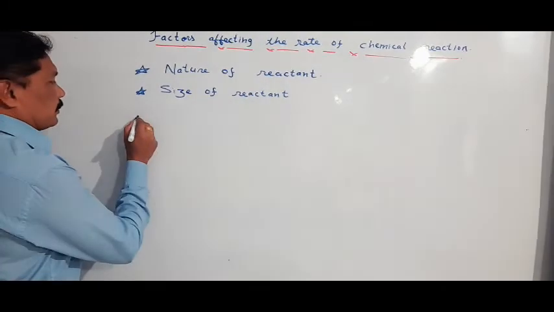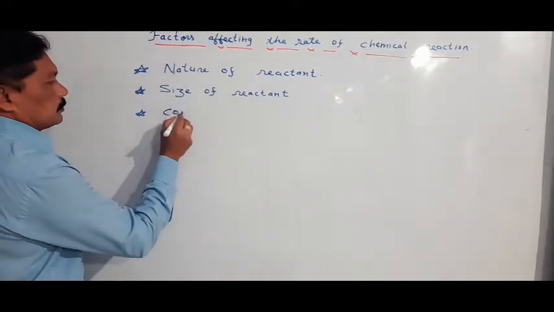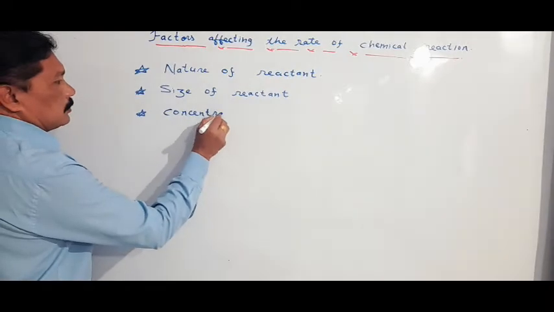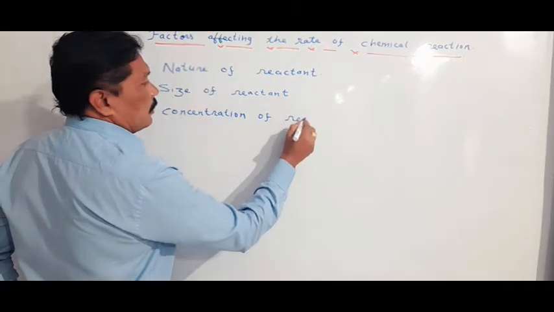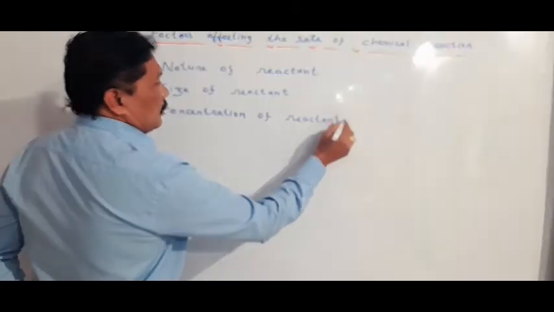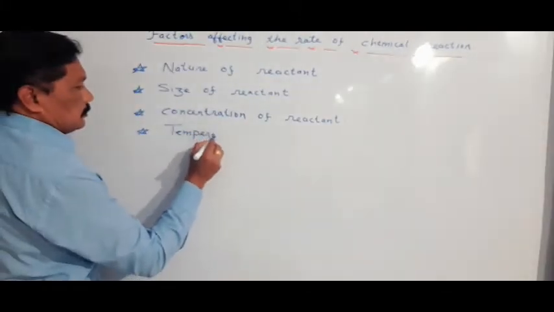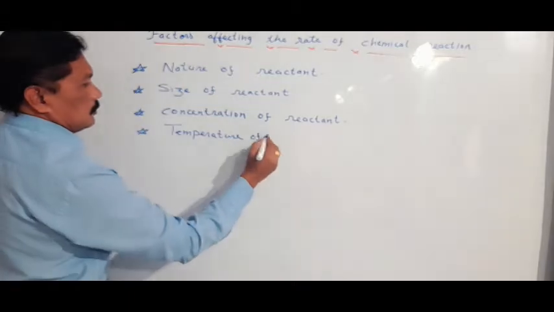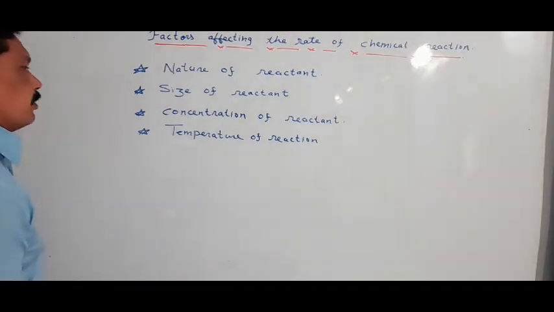And the third factor which affects the rate of chemical reaction is concentration of reactant. The fourth factor which affects the rate of chemical reaction is temperature of reaction.